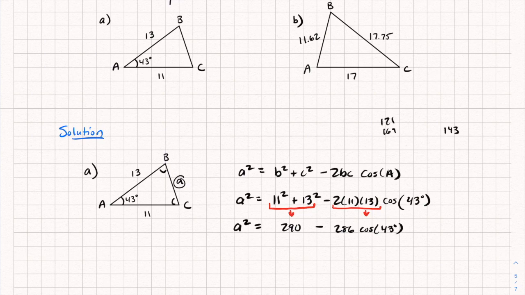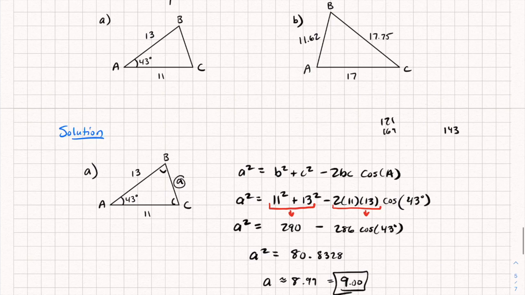Now I would type this into the calculator. I would get a squared is equal to 80.8328, and then I would take a square root. And because the side of a triangle has to be positive, this would give me 8.99 approximately. And we could round this all the way to 9 and use that for A.